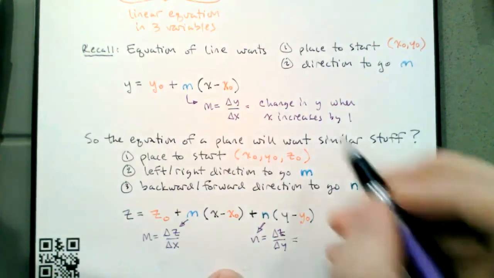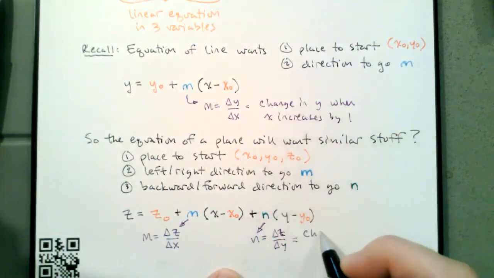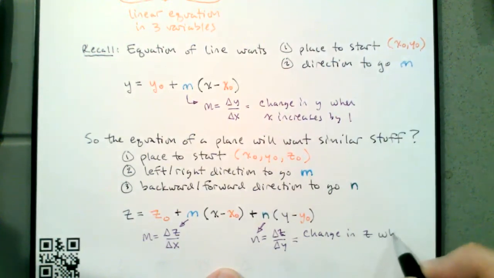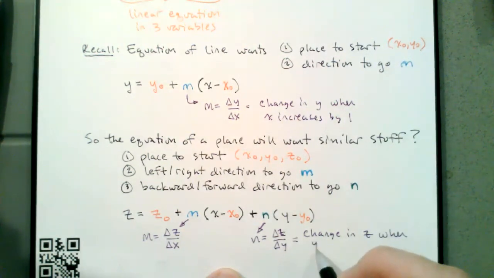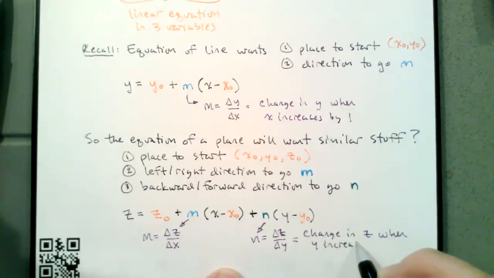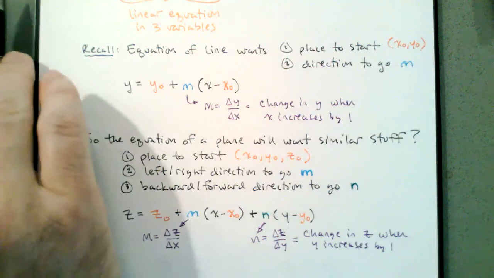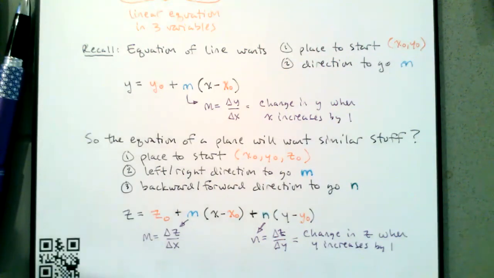So following a similar setup here, that's going to be the change in z. dz/dx, or delta z over delta x, is the change in z when x increases by 1.